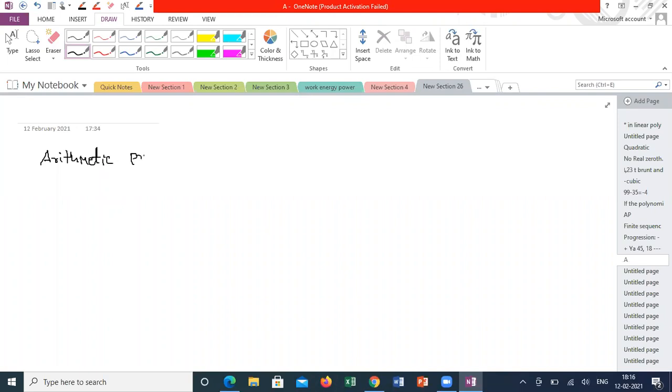When the difference between two consecutive terms is constant. In short form AP: the difference between two consecutive terms is constant.